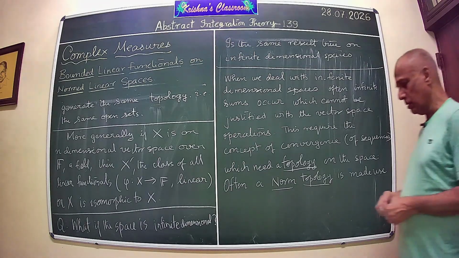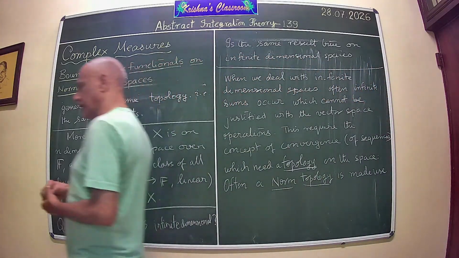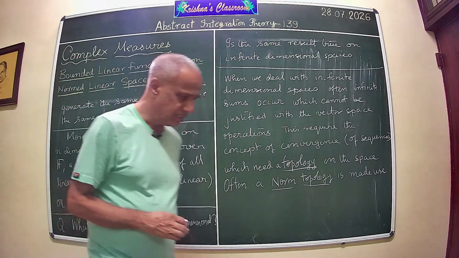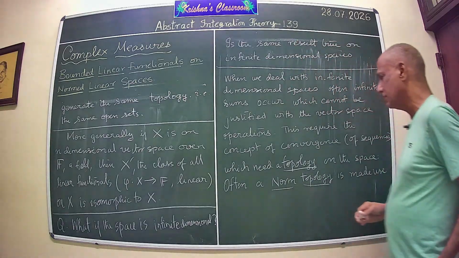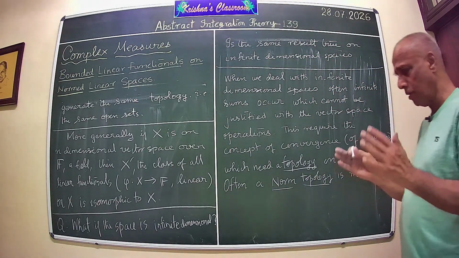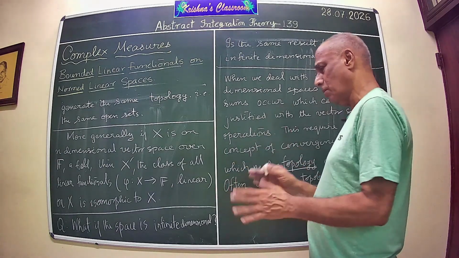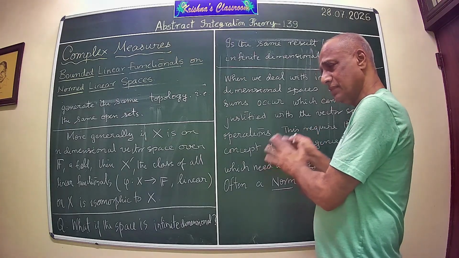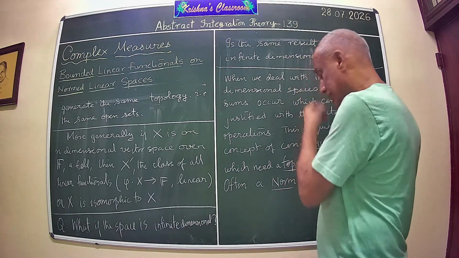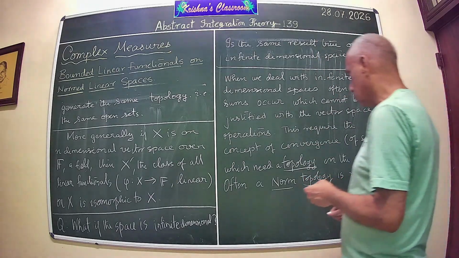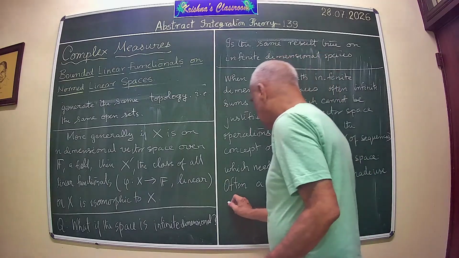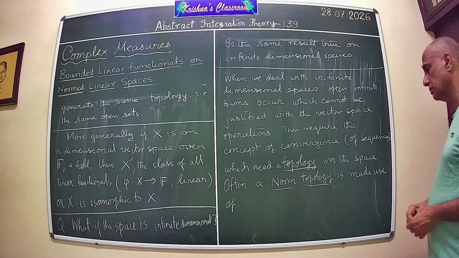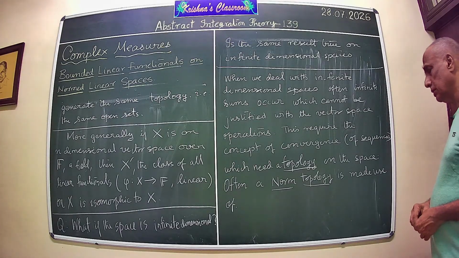But the problem that you have is that the same set of objects with one norm is not the same set of objects with a different norm. Now let us take an example. Okay.